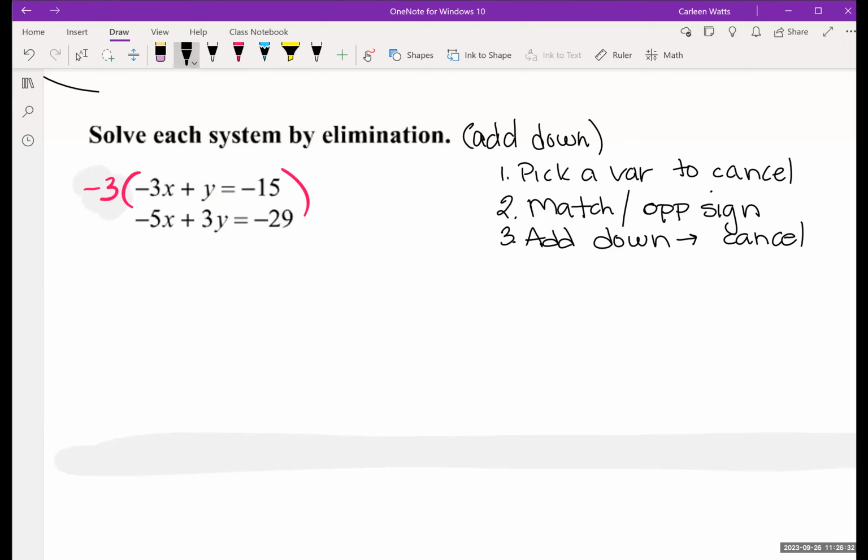Okay, so let's distribute. -3 times -3 is positive 9x, minus 3y. Don't forget the other side, positive 45. And bring the other one down.